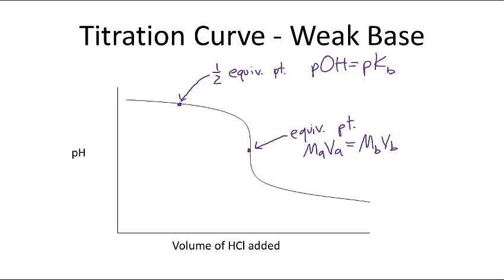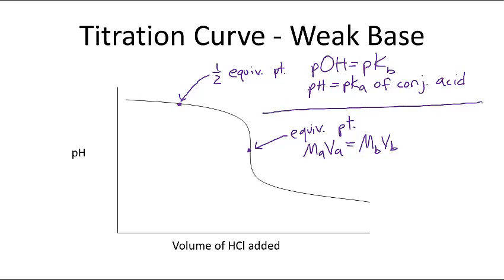Or another way to say that is the pH equals the pKa of the conjugate acid. But conceptually, it's the exact same thing. You start out with base. You're adding strong acid. That's converting it to its conjugate acid. At the half equivalence point, you have equal concentrations of base and conjugate acid.